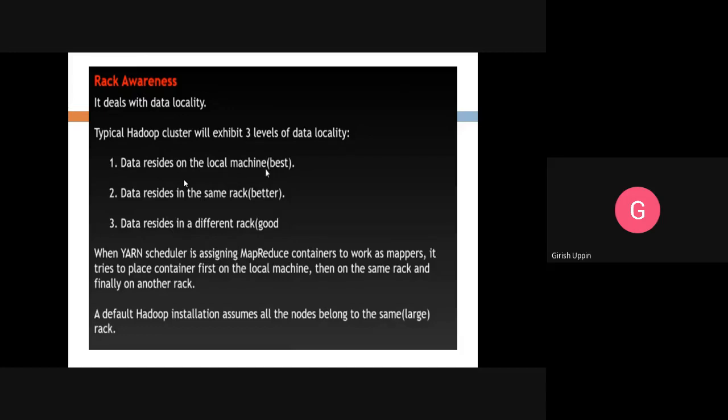Whenever the name node is using any data node, there can be three levels. One is the data that resides on the local machine, second is not on the same machine but on a different machine in the same rack, and third is the data available in a data node in a different rack. So these are the three different scenarios.